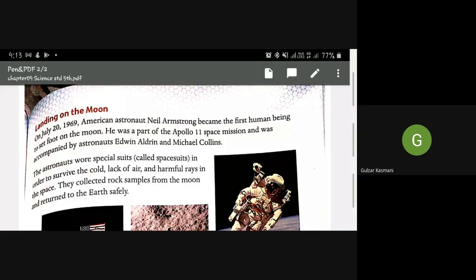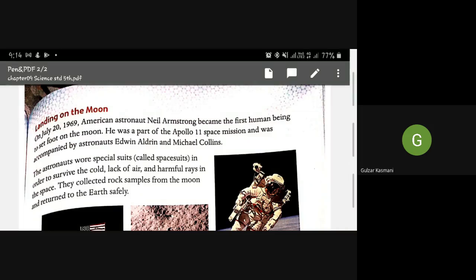He was a part of the Apollo 11 space mission and was accompanied by astronauts Edwin Aldrin and Michael Collins.